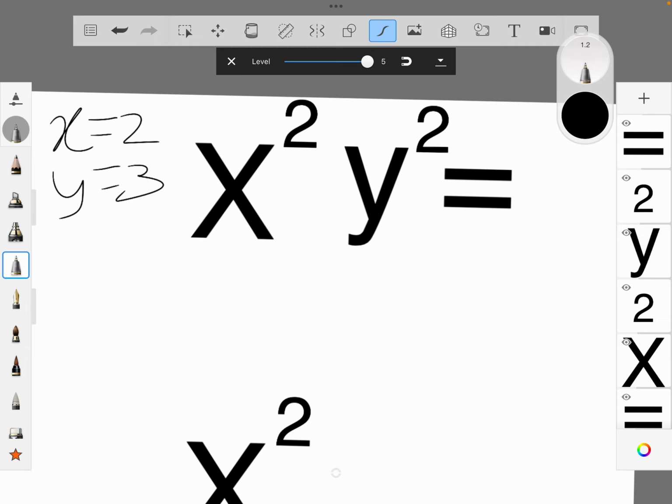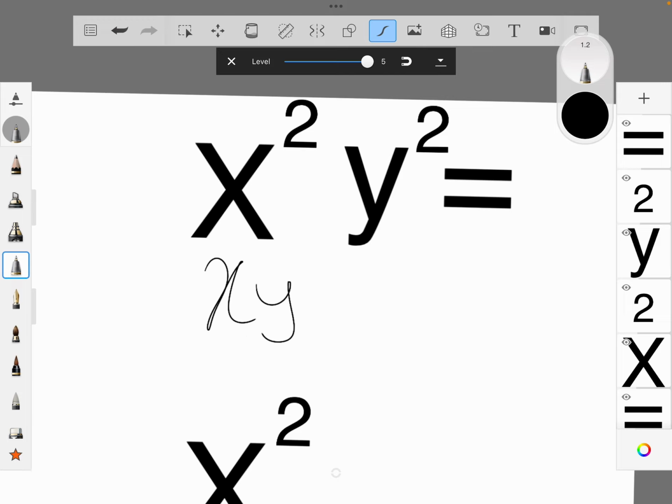Now, you don't have to solve the whole thing by doing 2 to the power of 2 and 3 to the power of 2. You can just multiply these numbers. So 2 times 3. But remember, you need to put parentheses to the power of 2. So now that we assume that it's 2 times 3, I think you know how to solve it. The answer to this is just x times y to the power of 2.